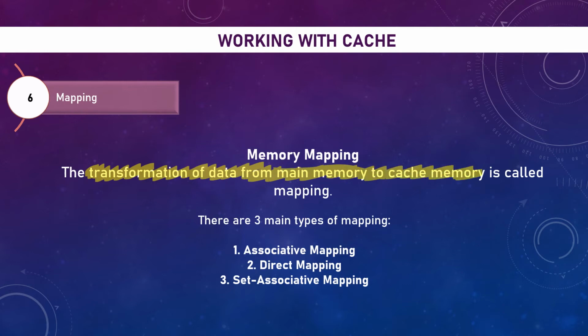When we bring the data from the main memory to the cache, we call it mapping. There are three main mapping types. The first one is associative mapping, the second is direct mapping, and the third is set associative mapping. Now let's see each one by one.